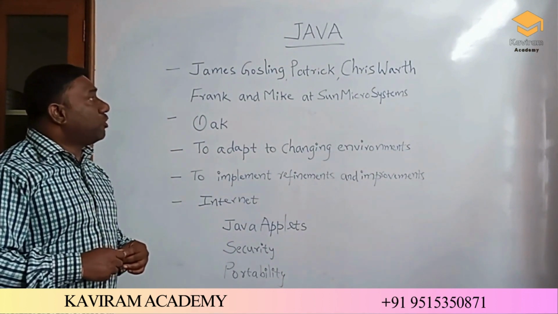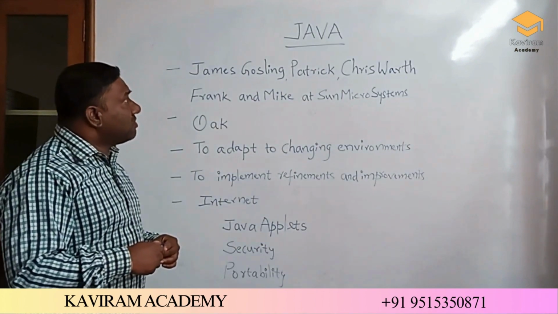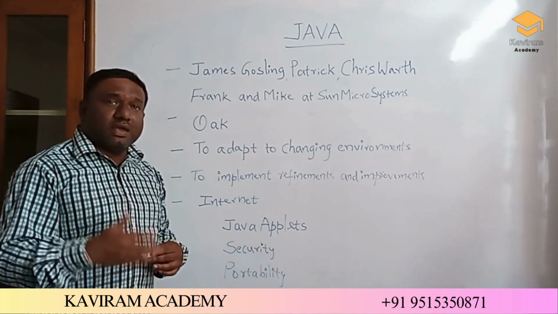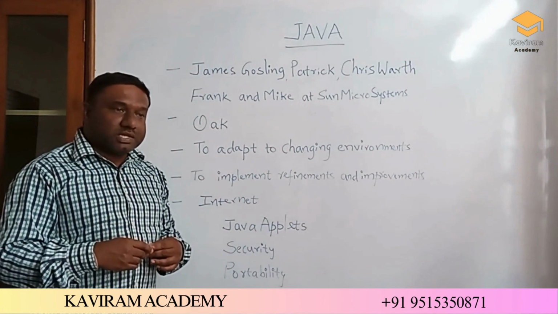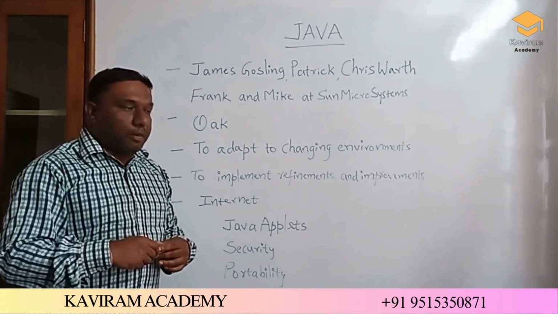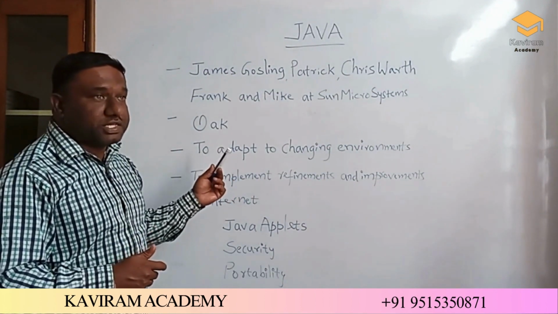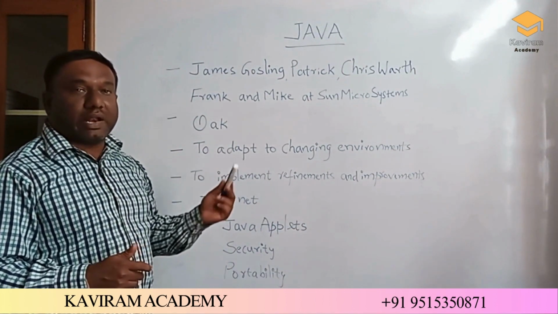Now we will see how Java came into existence. All the programming languages we have seen previously have some features, but the Java programming language supports a lot of features that are very important for a programmer to write a program.